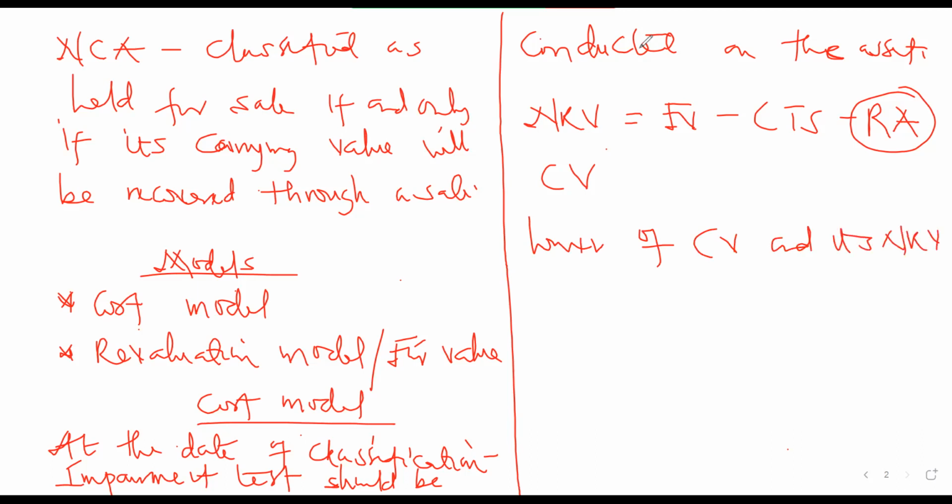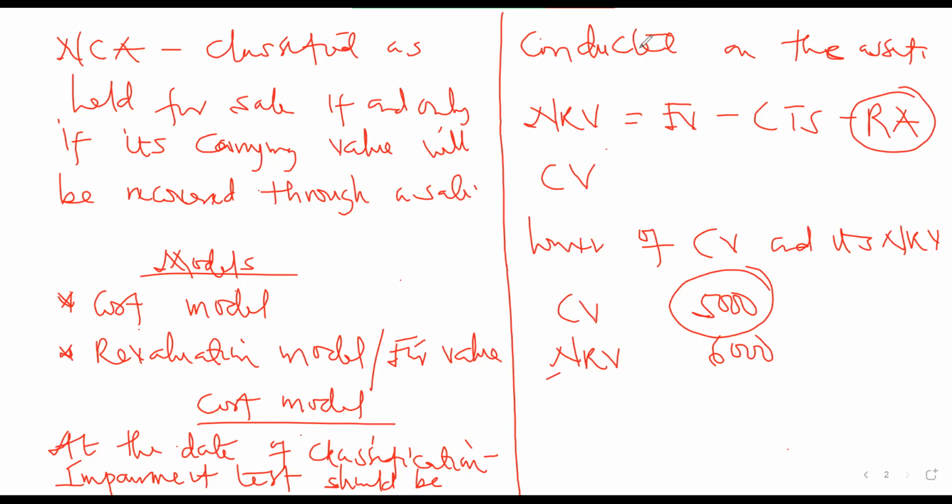Why are they saying this? If the carrying value is 5,000 and the net realizable value is 6,000, the asset will be classified at 5,000. What does it mean? It means that the asset has not impaired. The carrying value is lower than the recoverable amount, which is technically the net realizable value.